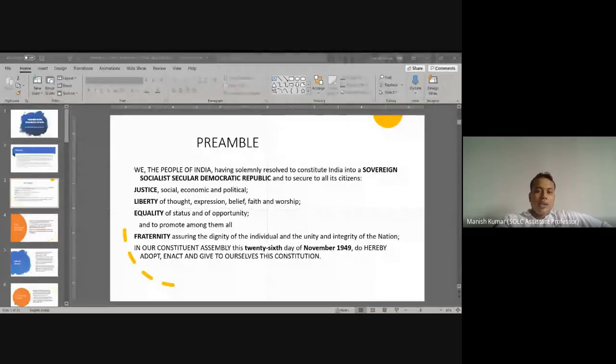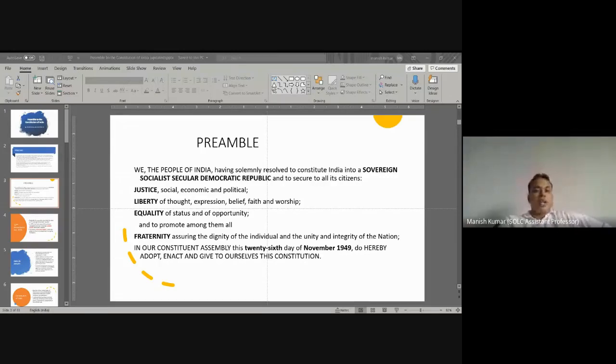So now this preamble is basically a very brief introductory statement inserted in the text of the Constitution. It sets out the guiding purpose, principles, philosophy, and ideology of the Constitution.